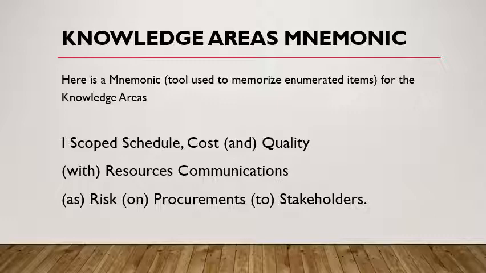The fourth knowledge area, the cost, project cost management, quality, project quality management, resources, project resource management, project communication management, project risk management, project procurement management, and project stakeholder management. This will be handy for you to remember the 10 knowledge areas.